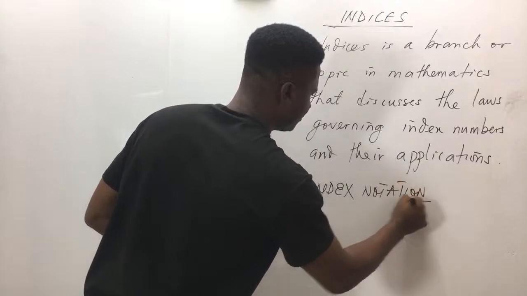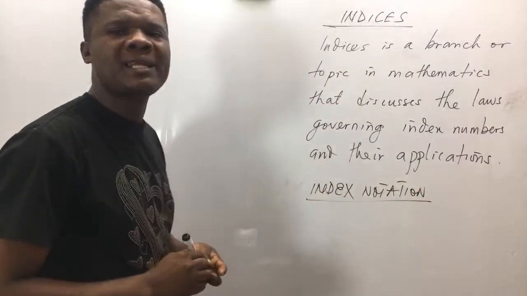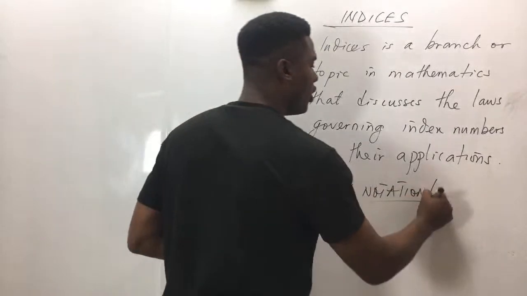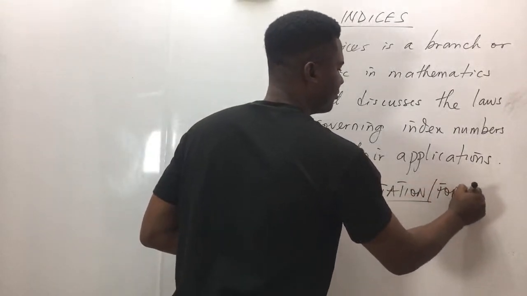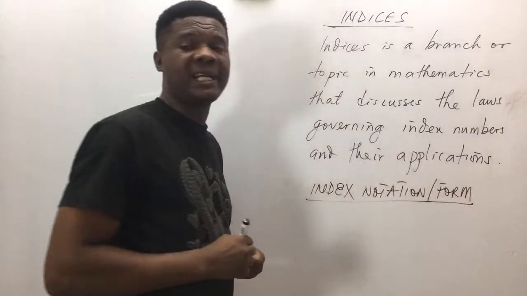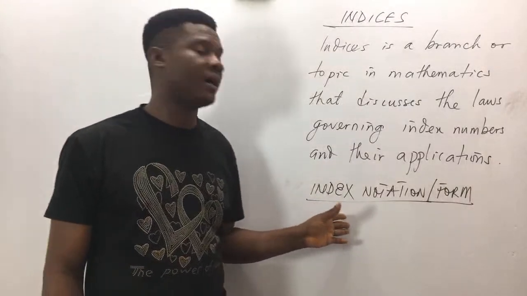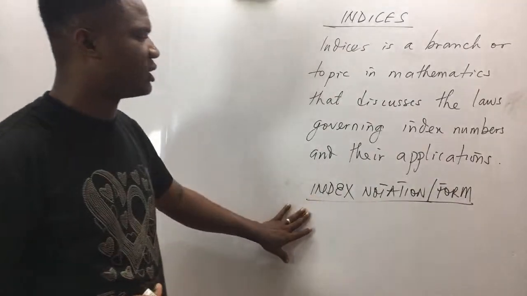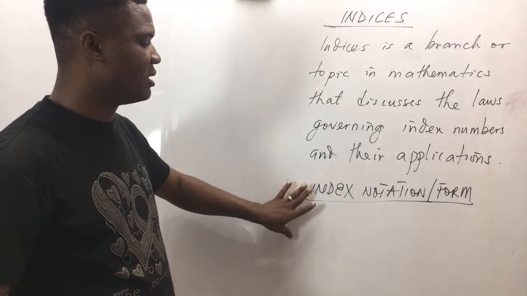So when is a number said to be in index notation or index form? So it's either you call it the index notation of a number or the index form of a number. So that is what I want us to discuss next.